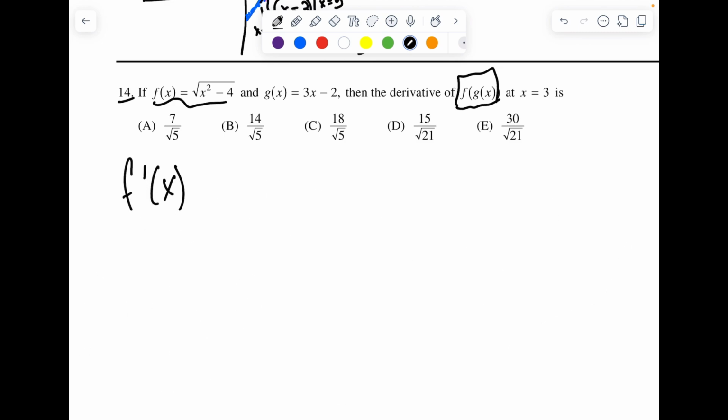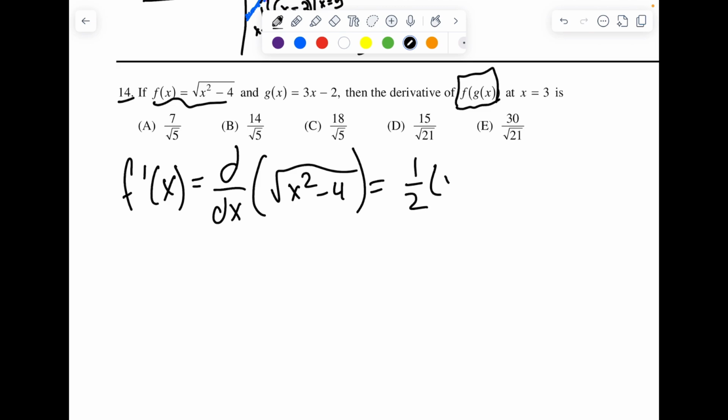So let's go ahead and find f prime of x first. And then after I find f prime of x, I'm going to substitute g of x in there instead of x. So it's going to be the derivative of the square root of x squared minus 4. This is going to equal 1/2 times x squared minus 4 to the negative 1/2, times the chain rule of the inside function.